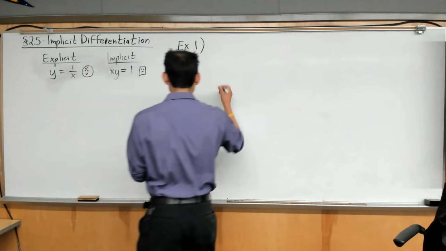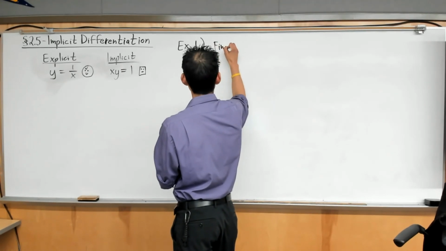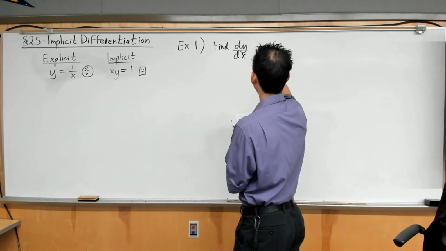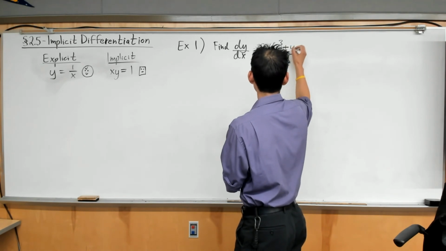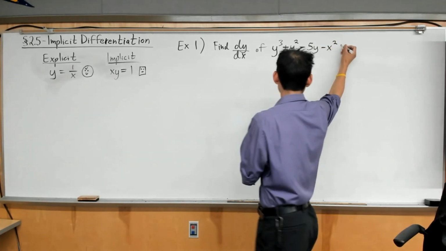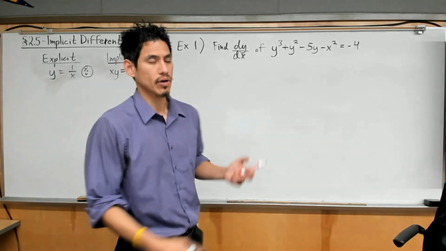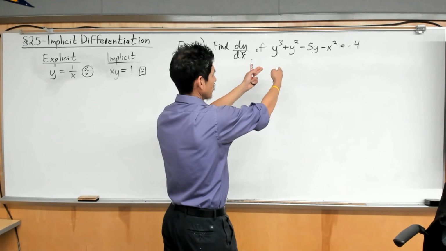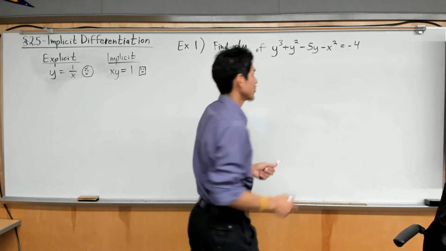Let's say you want to find the derivative of this: y cubed plus y squared minus 5y minus x squared equals -4. Now, it's not easy to put y isolated as a function of x, but we can still take the derivative using this strategy.